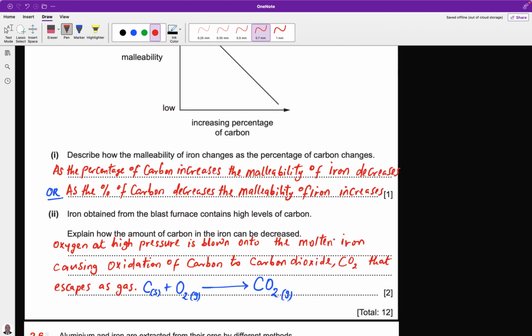Then 2, iron obtained from the blast furnace contains a high level of carbon. Explain how the amount of carbon in the iron can be decreased.